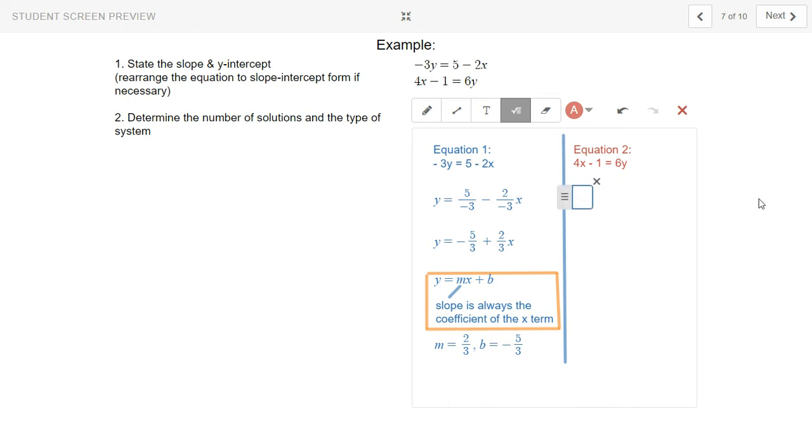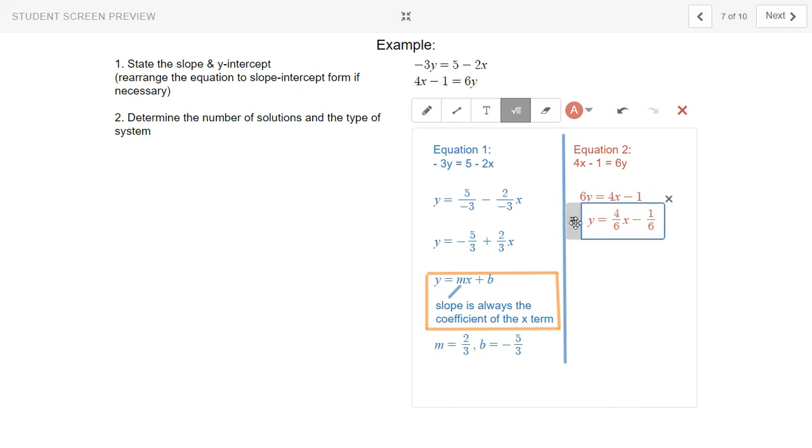Let's rearrange this. I'm going to rewrite it as 6y is equal to 4x minus 1. Then I'm going to divide everything by 6. So 4/6x minus 1/6.